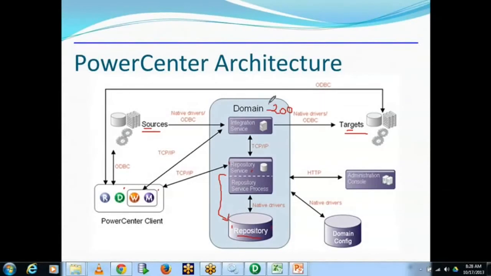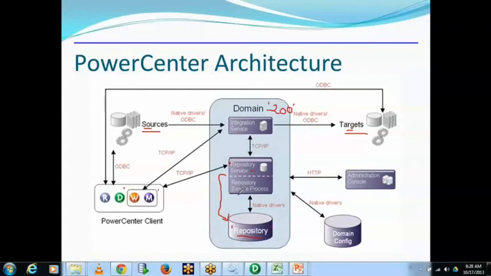This is the database which we spoke about when we talked about the metadata tables. Okay, that's called repository. Now, anything which should go in and come out of repository should be done using the repository service. Let's say I saved something and tomorrow there is a change in the requirement. I have to edit it.